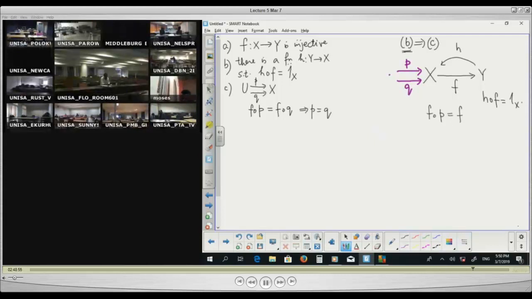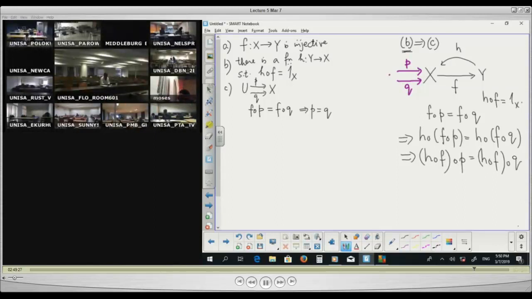Now, the composition is associative. But you have told me h composed f is identity. So P composed the identity of X. Remember, identity of X is from X to X. So P composed identity of X is actually P, and this is actually Q. So P implies Q is trivial.